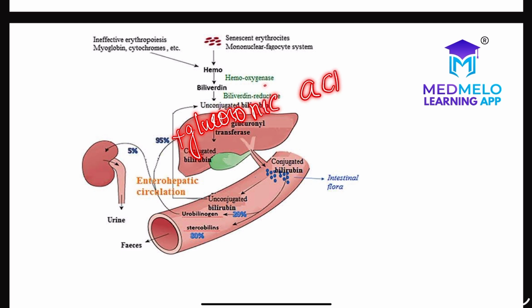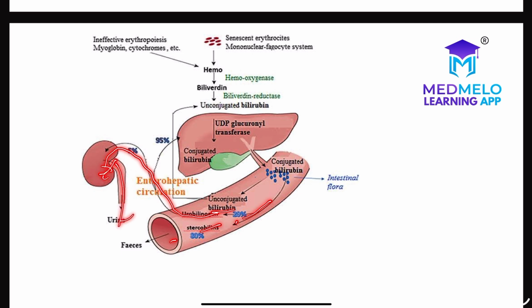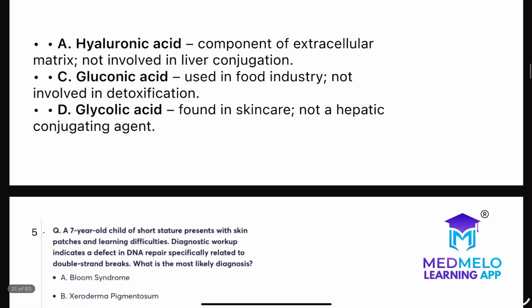Glucuronic acid is added to the bilirubin and it gets conjugated. This conjugated bilirubin reaches the intestine, where the glucuronic acid is removed and it again becomes unconjugated bilirubin. Urobilinogen is released in the urine and stercobilin is released in the feces, and it gives the yellow color to the feces. So that's all about that question.